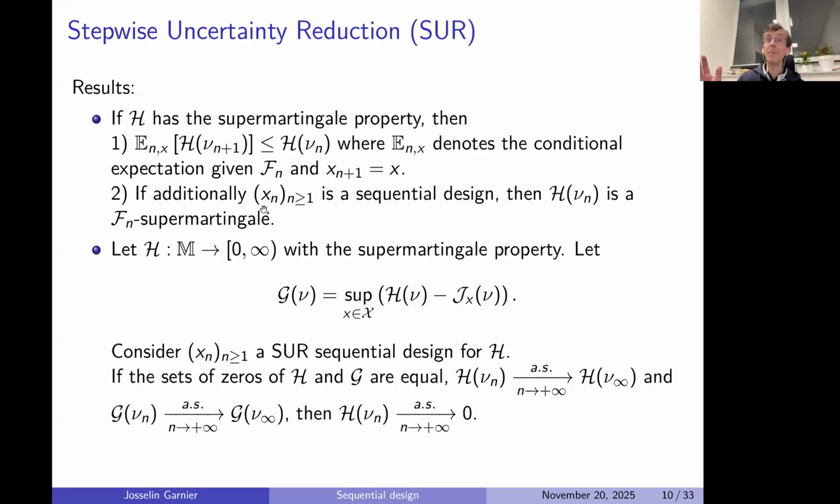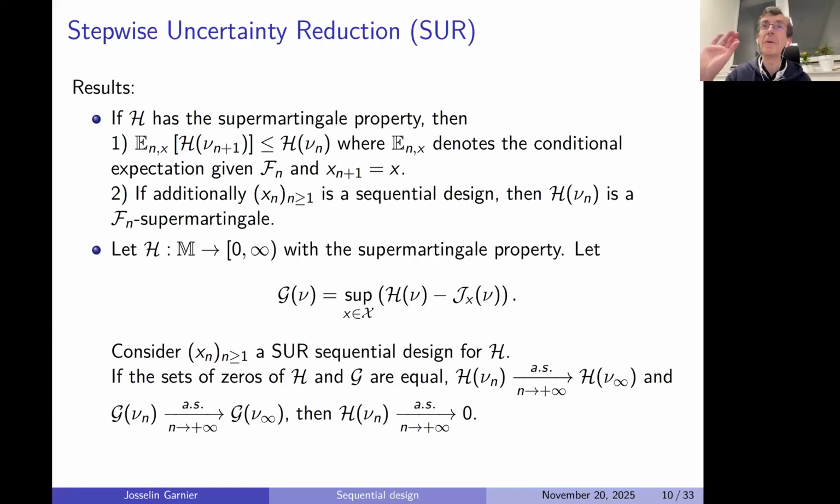So now I'm very happy because H of nu n is a supermartingale and is bounded from below. H is positive valued. My metric of uncertainty is positive valued. And I do know that when I have a supermartingale that is bounded from below, it has to converge, almost surely. So I have the proof of the convergence with these ideas. Now, there remains a little bit of technical details to show that not only it converges, but it has no other choice but to converge to 0.